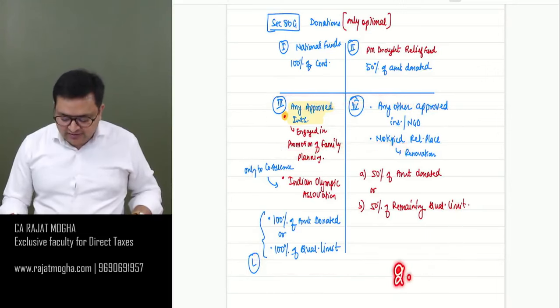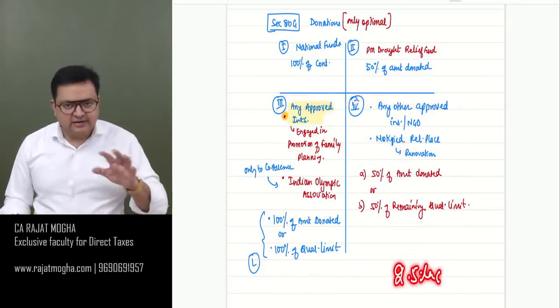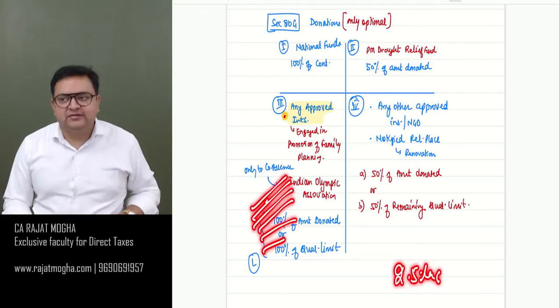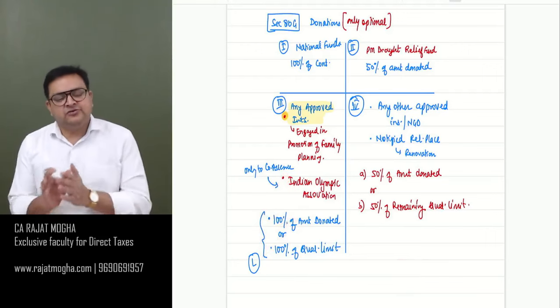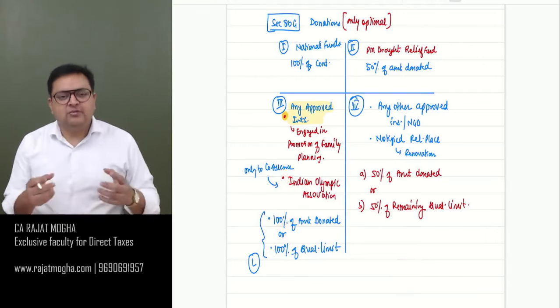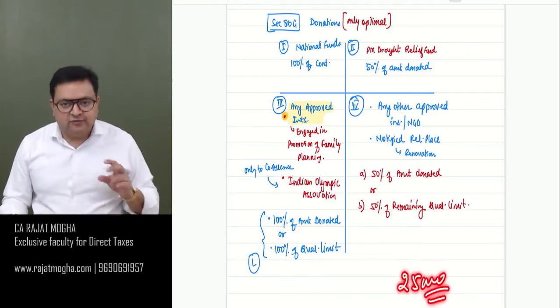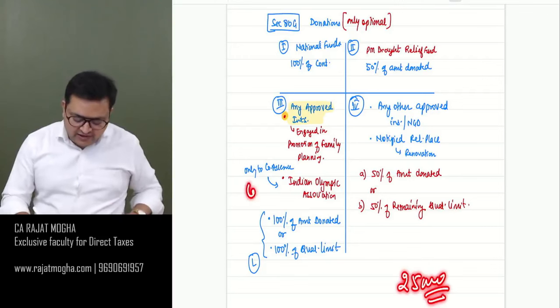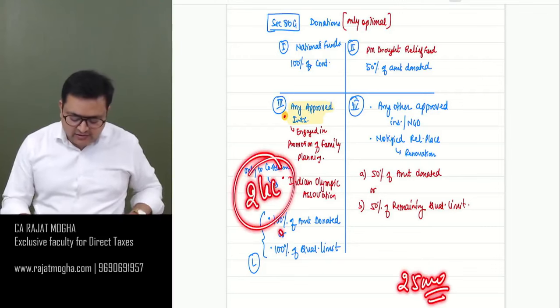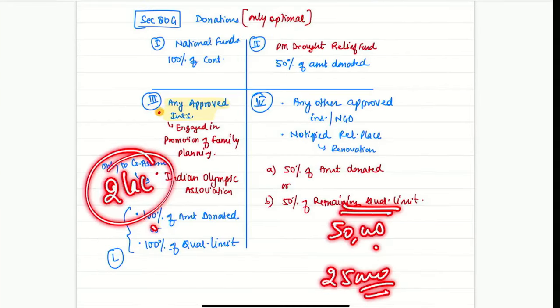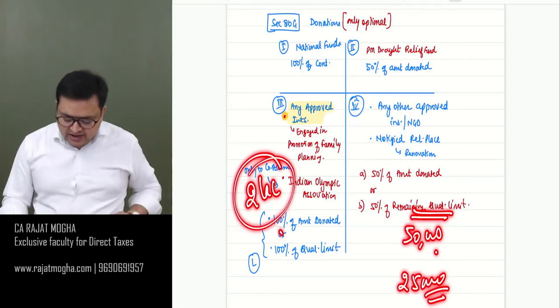So if I have already exhausted 2 lakh somewhere in the third, how much is my remaining qualifying limit? It is left with 50,000 only. The remaining qualifying limit is 50,000 and 50% of this remaining qualifying limit is 25,000.